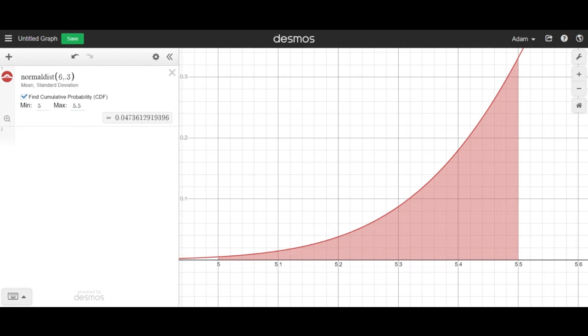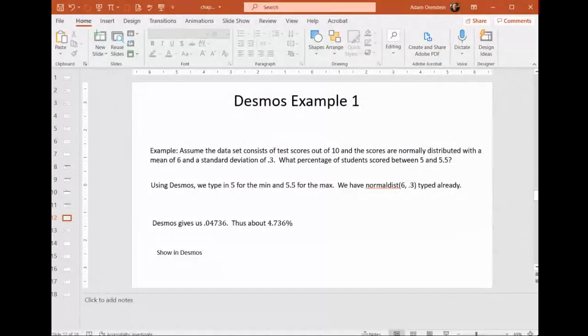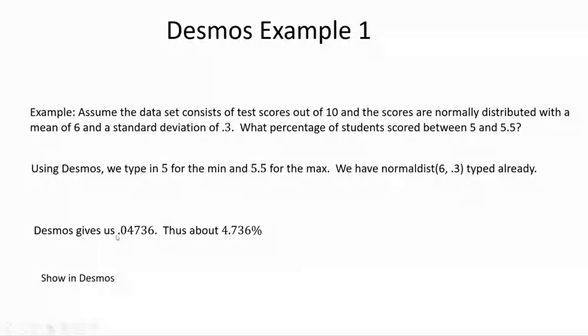Okay, so we have the area. I actually rounded it off on the slides. So let me get back to the slides now. Good. I did round the number off, as you can see, which we get about 4.736%.